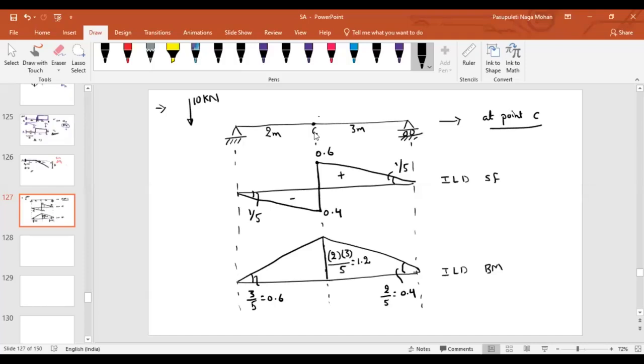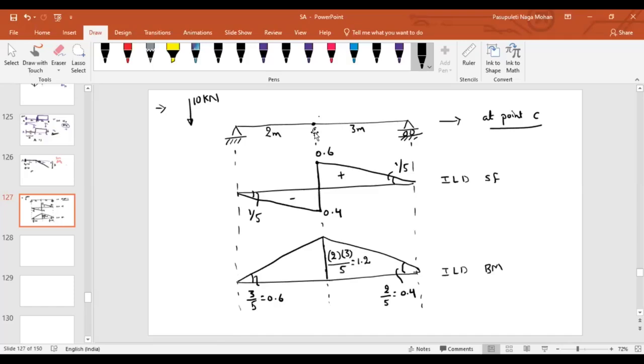So we have to find the maximum bending moment and also the maximum shear force. That means irrespective of the loads and their positions, we have to obtain the maximum values that are possible on the beam. For those maximum values, we should be able to design it.